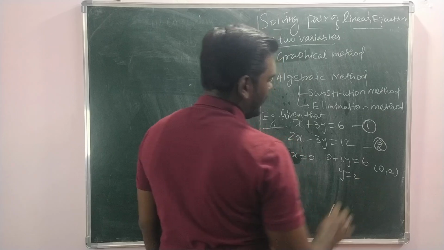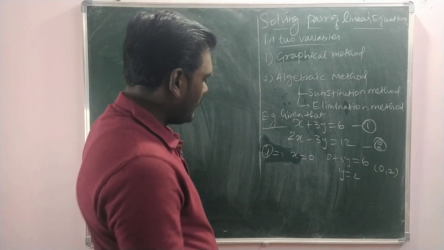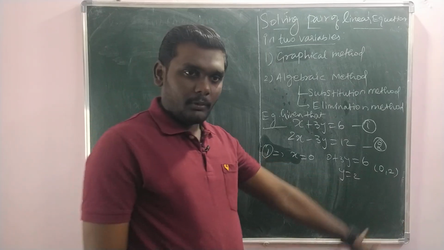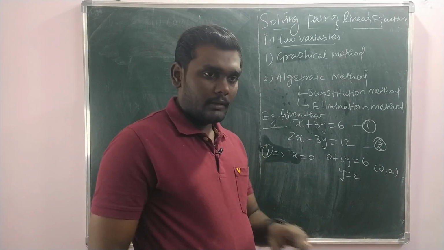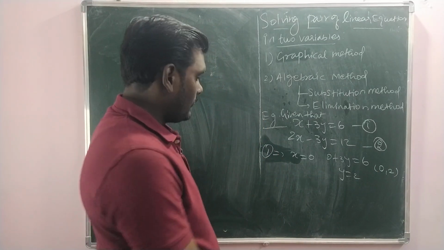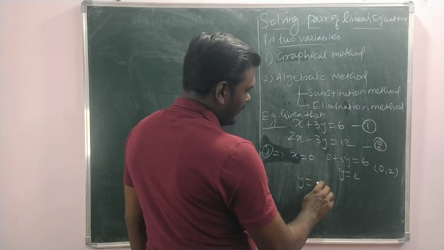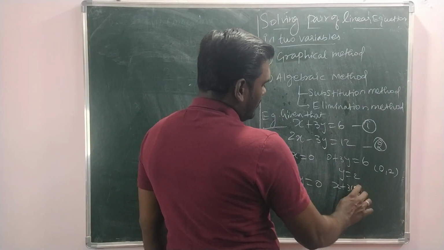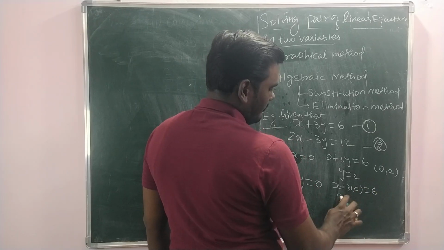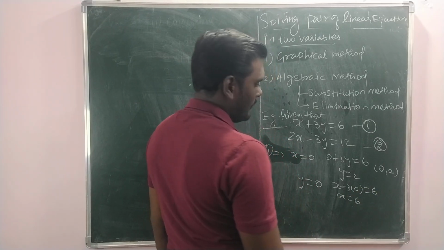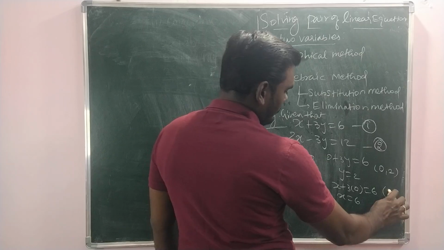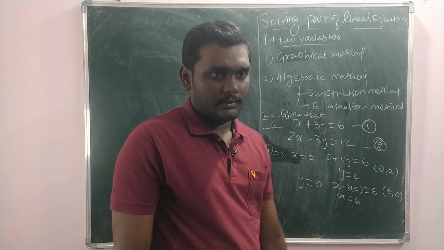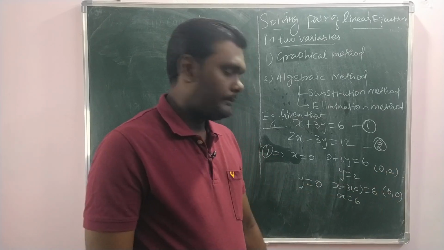The corresponding point is (0, 2). In the same first equation we need another point, then only we can connect them as a graph. So I substitute y equals 0, then x plus 3 times 0 equals 6, and x equals 6. So the point is (6, 0). X comes first and then y comes next. In that way you have to write.